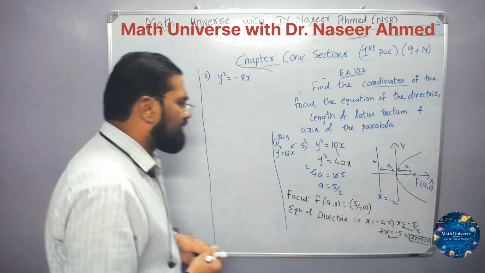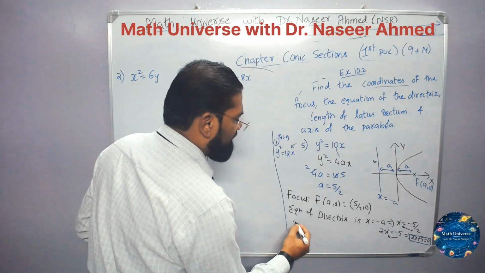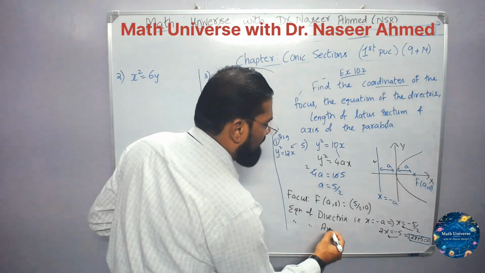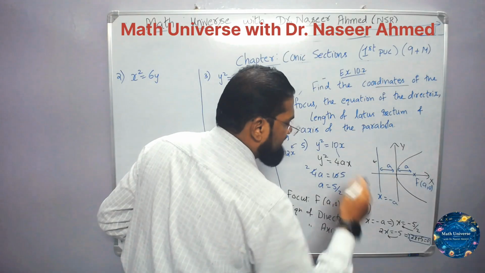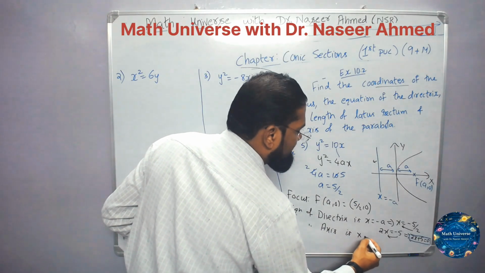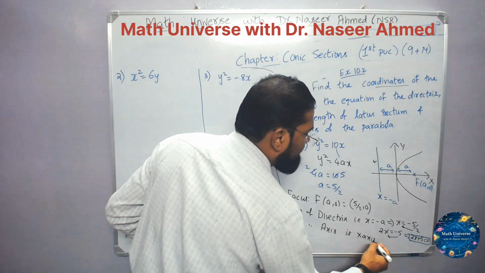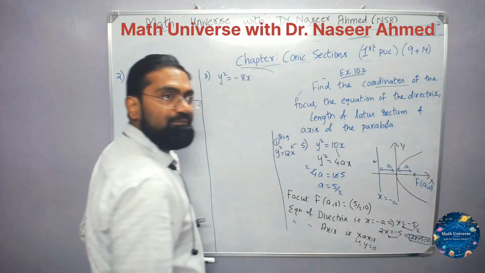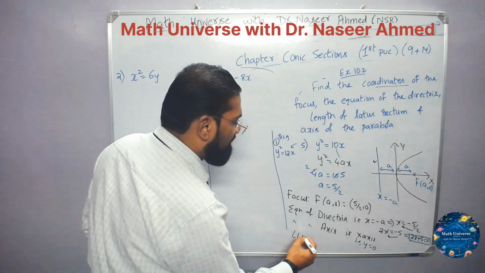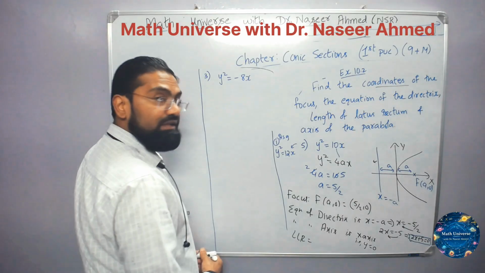Okay. Next, equation of axis of parabola. Which axis? X-axis. So since it is the x-axis, what is the equation of the x-axis? y is equal to 0. And comes the length of latus rectum.